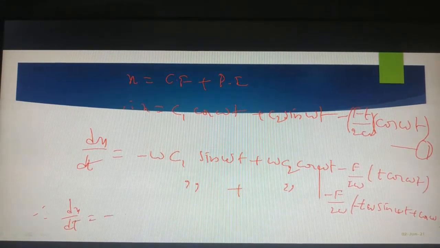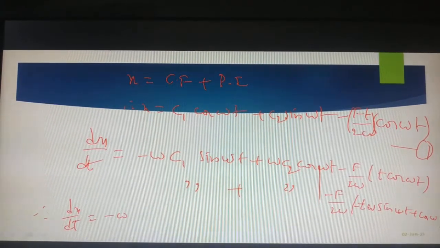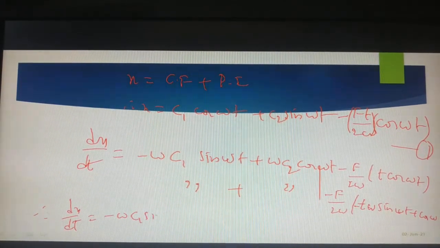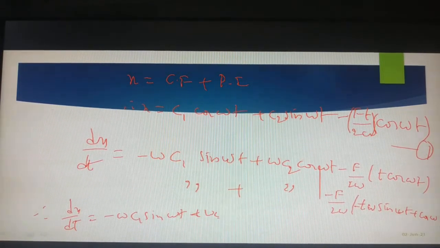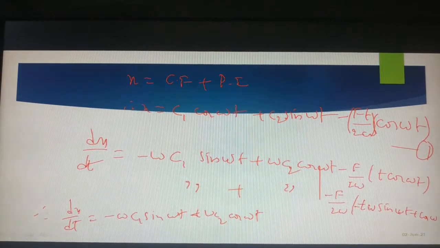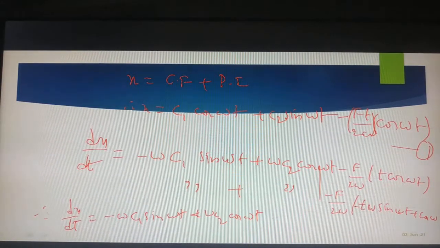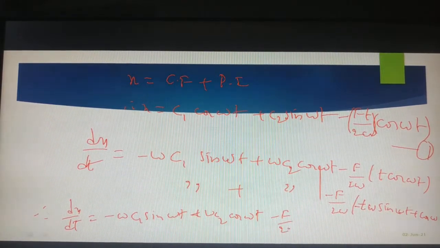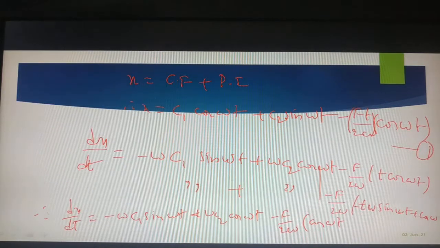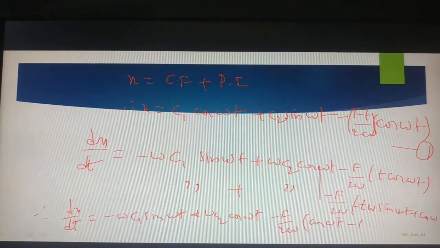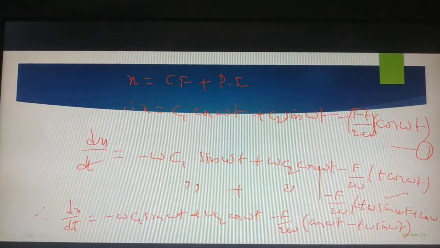dx by dt is equal to minus w C1 sin omega t plus w C2 cos omega t minus f by 2w into cos omega t, minus of course tw sin omega t. You can write either this first or second, it doesn't matter.